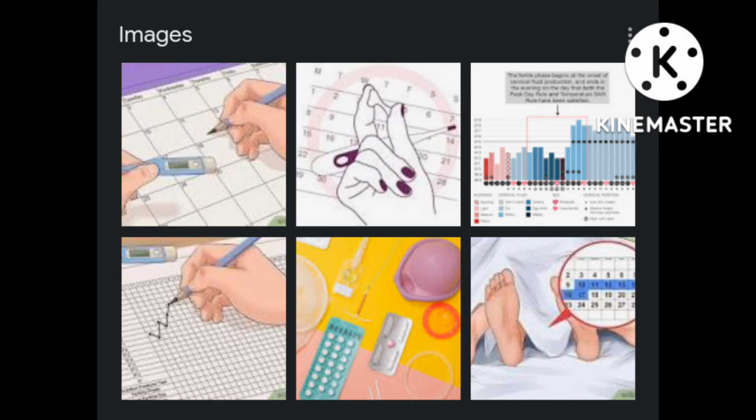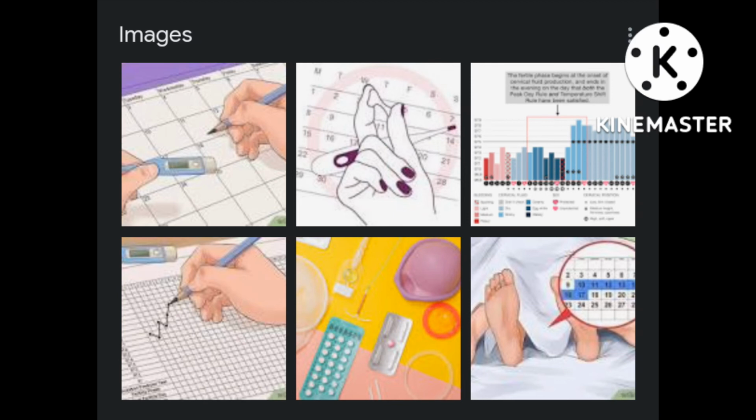Symptothermal method, a fertility awareness method used to predict when a woman might be fertile. The method uses body temperature and other signs and symptoms of ovulation. How to use the temperature method?